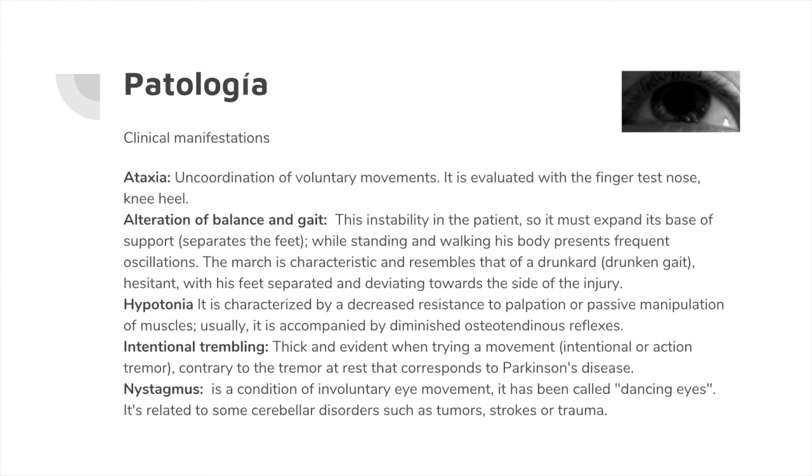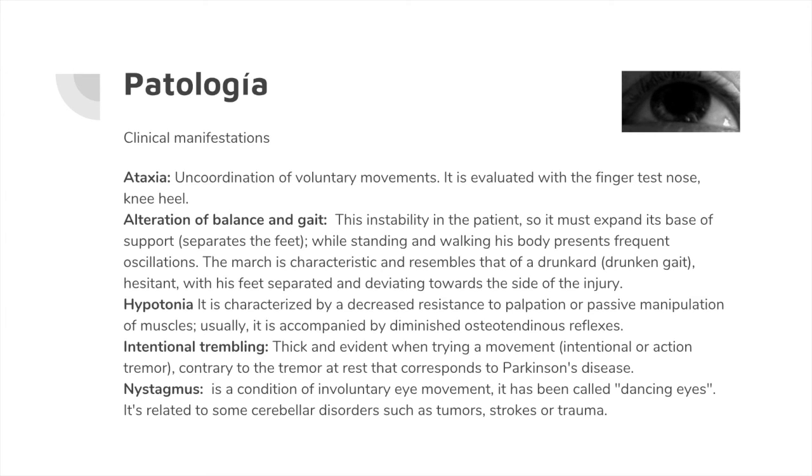And you can find hypotonia. Normally the muscles have a tone, which is the degree to which they are contracted, but when the cerebellum is compromised, you may find weakness in several groups of muscles. You can also find intention tremor.